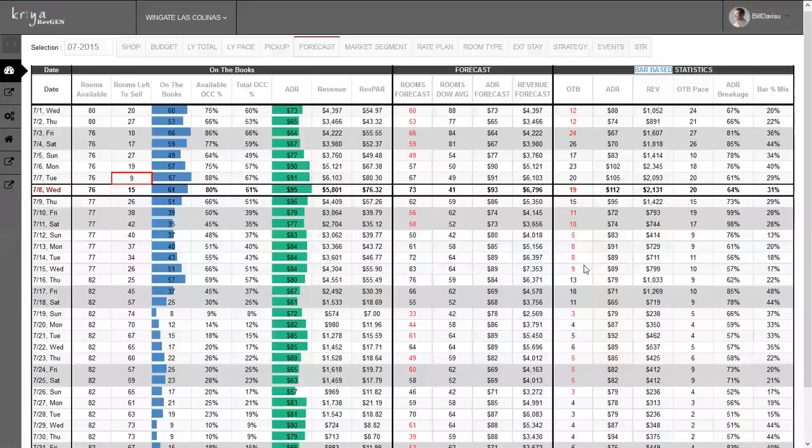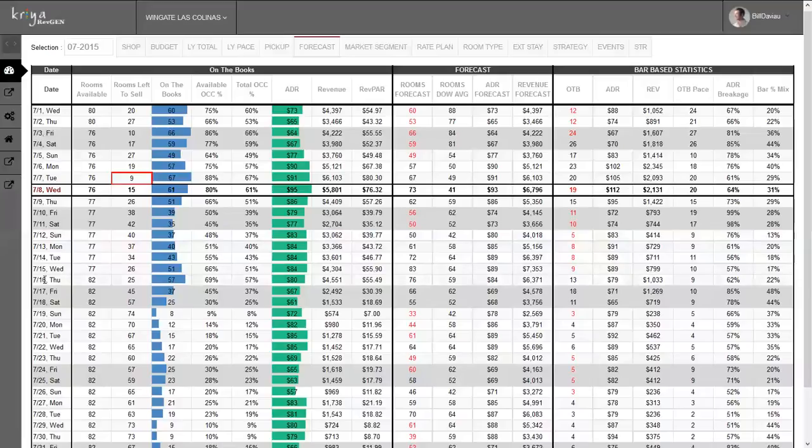So essentially I have my BAR on the books, and it's comparing it to what I typically have on the books for a certain number of days out. For example, Tuesday is about 6 days out. I typically have 11 sold. I only have 8 on the books. So right there, those numbers are in the red. Another good indication I might be priced too high.